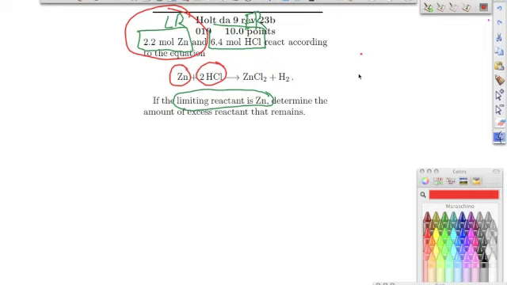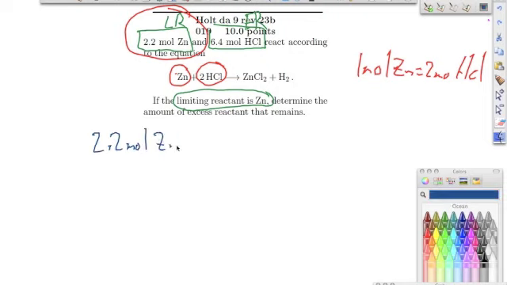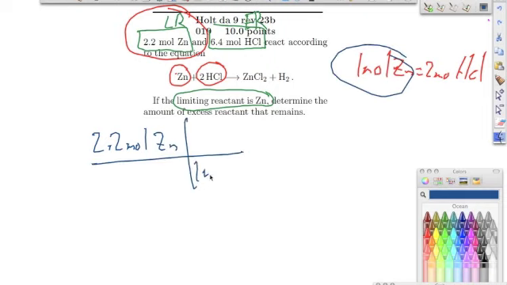We need our mole ratio. 1 mole of zinc equals 2 moles of HCl. Okay, so we set it up. We always start with our limiting reactant. We're starting with our 2.2 moles of zinc. And since zinc is on the top, we put zinc on the bottom. 1 mole of zinc equals our 2 moles of HCl.